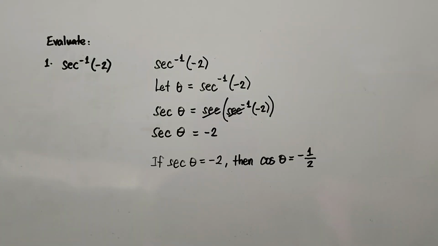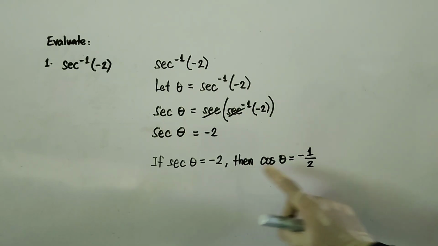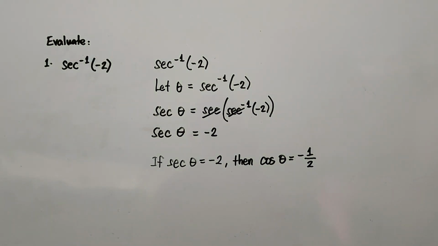Applying the reciprocal identity, if secant theta is negative 2, then the inverse of secant theta, which is cosine theta, has the value negative 1/2. Just get the reciprocal of negative 2, and that is negative 1/2. Remember that theta here should be in quadrant 3.